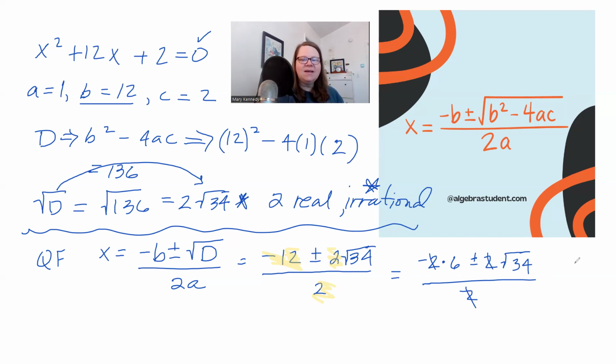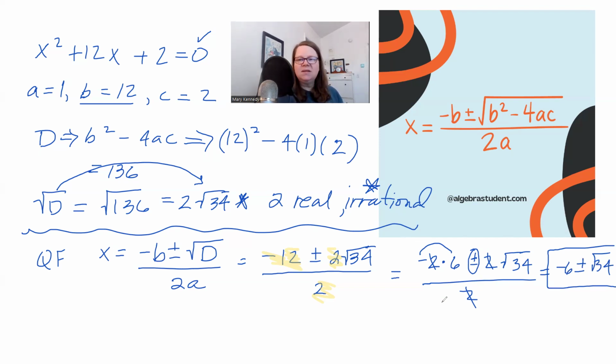So think about what's left. What's left is a negative 6 plus or minus square root of 34. And there's nothing left on the bottom. When I say they cancel, it just means they all divide to equal 1. So anything divided by 1 is still itself. That means that this is the answer, negative 6 plus or minus the square root of 34.